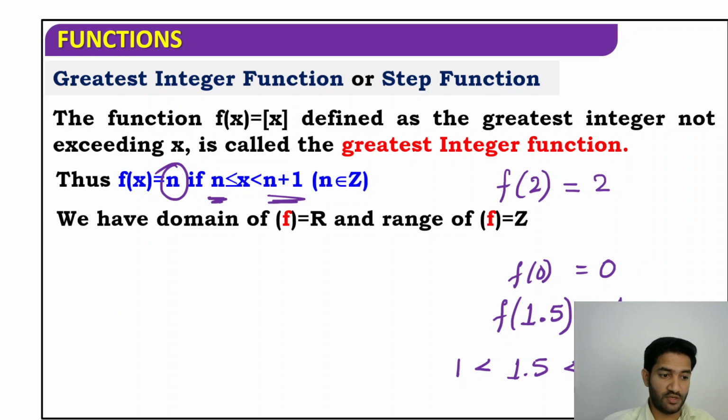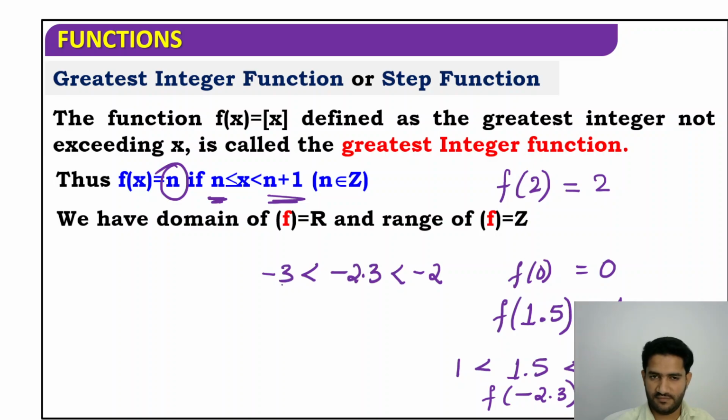Okay, so again you may have a confusion with negatives. For example, f of negative 2.3. So clearly we can write the inequality. Negative 2.3 is in between negative 2 and negative 3. Did you get that?